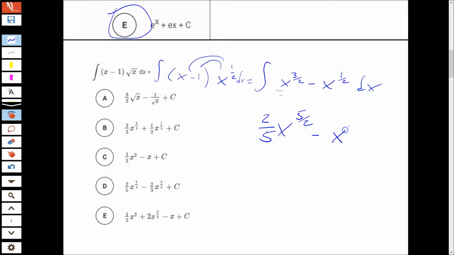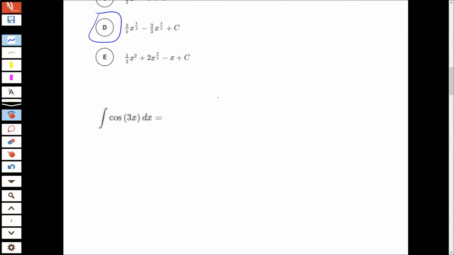And then here, x to the 3/2 times 2/3, for the same reason as I picked 2/5, right? Plus c. And that is choice D. That multiply by the reciprocal piece is a really important piece of these power rule integrals, as you have seen. All right, moving right along.